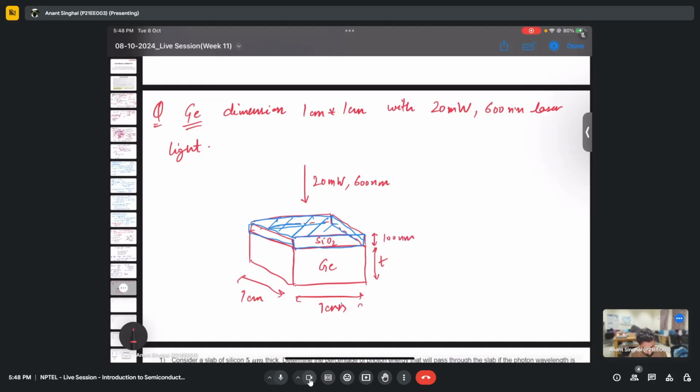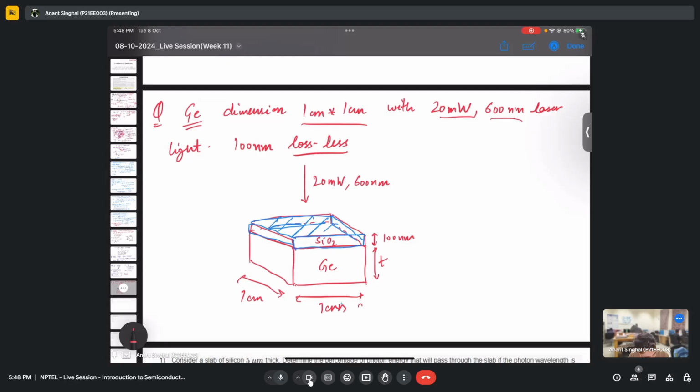So now I'll say the question. We have a germanium sample having dimension 1 cross 1 centimeter square, illuminated with 20 milliwatt 600 nanometer light. The illuminated sample has a 100 nanometer lossless SiO2 layer. Lossless means that there will be no energy loss when the light goes from silicon dioxide to germanium.